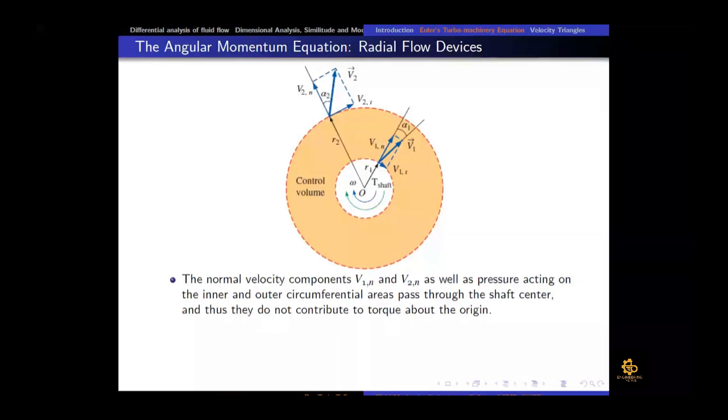The only contribution would be coming from the tangential components, V1t at an R1 distance and V2t at an R2 distance. V2n and V1n pass through the center, so they are only responsible for the mass flow rate through that pipe. They are not responsible for the torque contribution.